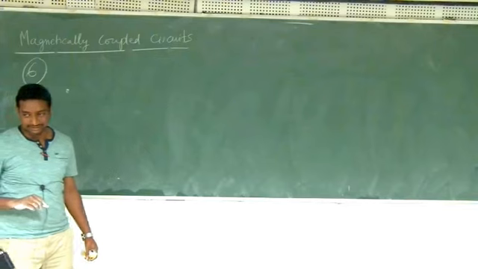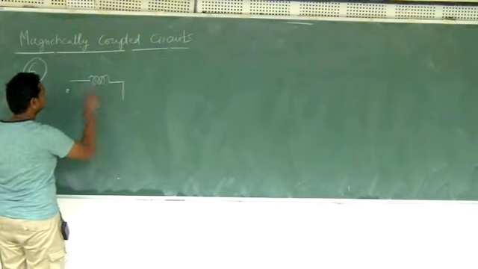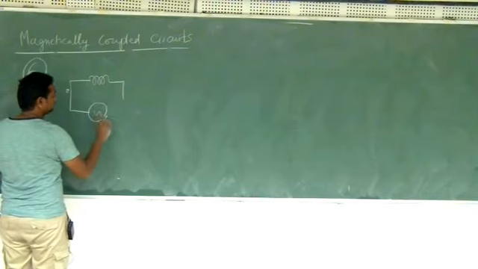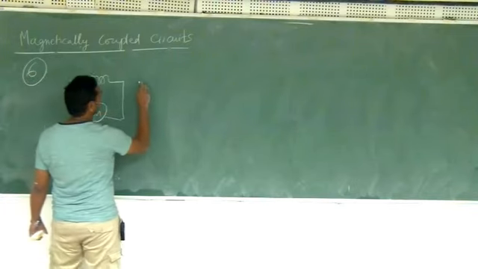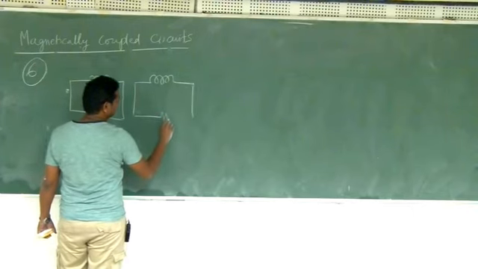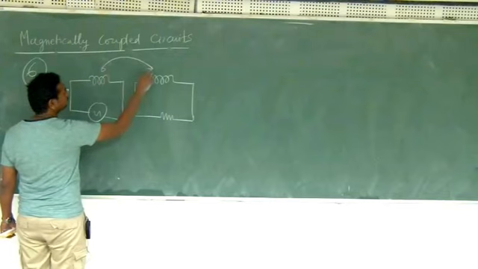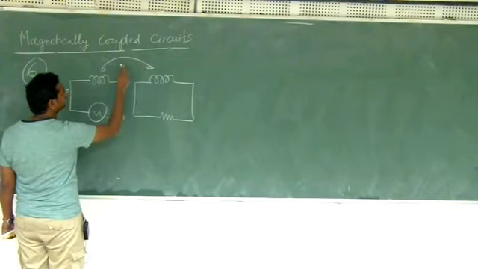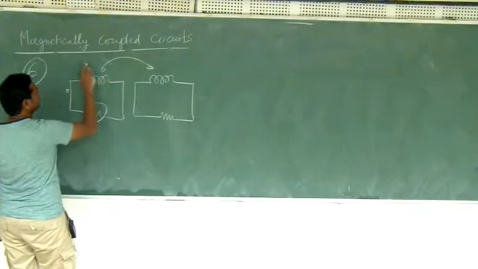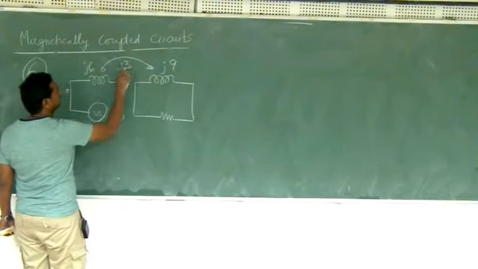Let's do something like this. What I do is have a circuit like this. I am directly giving J6, J9 and then J3.